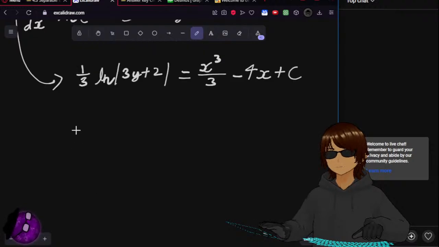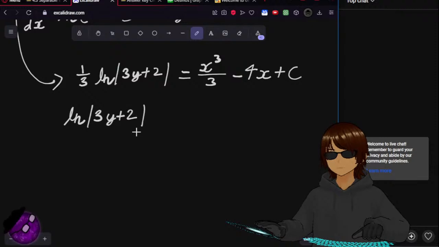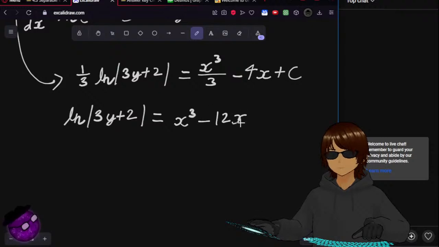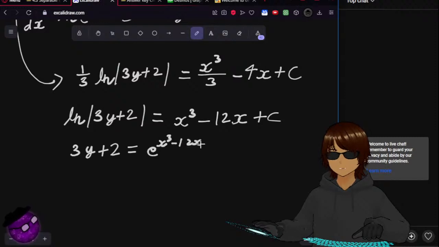And then I can do this. Four times 3 is 12, plus c, and then 3y plus 2 is e to the power of 3 times the integral, minus 12x.